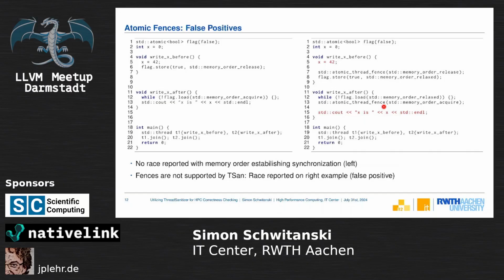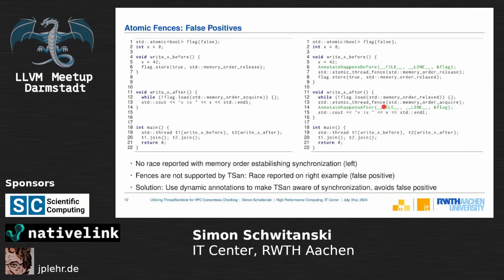But what you can do, if you had such an example, okay, this is a totally artificial example, but what you could do is you could say, yeah, okay, I know that there is synchronization going on using this flag. Then you can say annotate happens before. You pass here also file and line, but that doesn't matter. You pass here the address of the flag, and then ThreadSanitizer uses this identifier later on here with the annotate happens after to say, okay, there is synchronization going on.